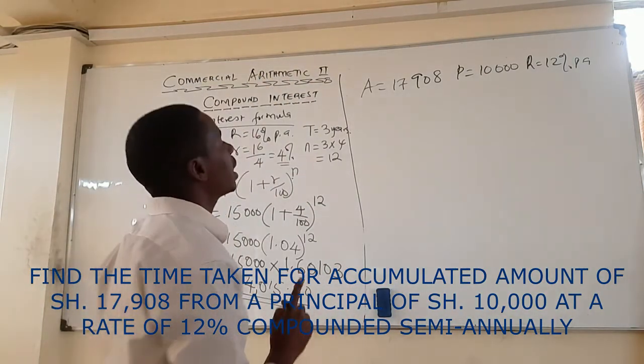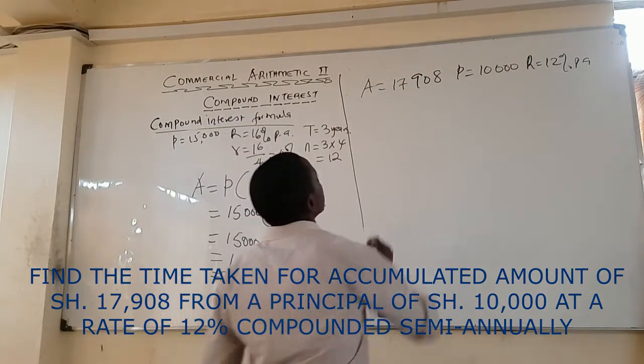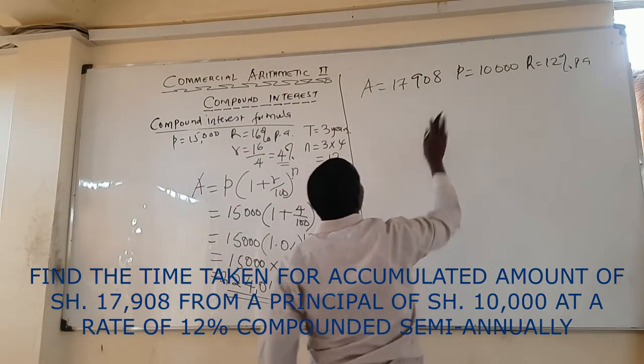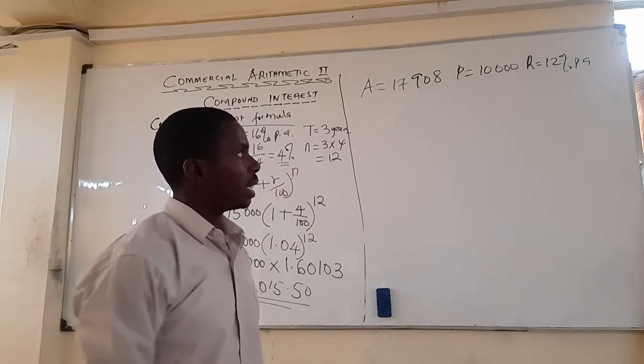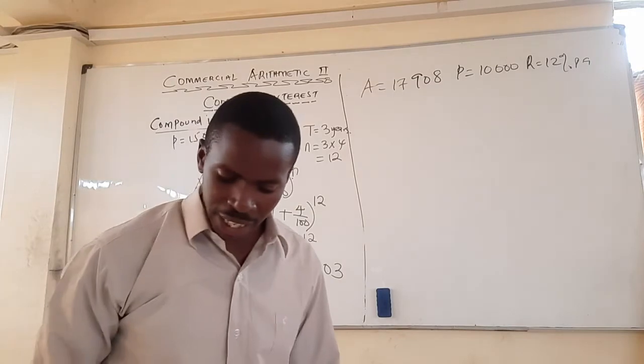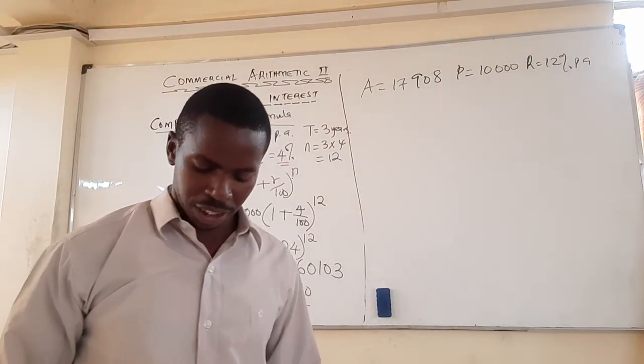So here we have the amount is 17,908, the principal is 10,000, the rate is that. We need to get the time, find the time taken.